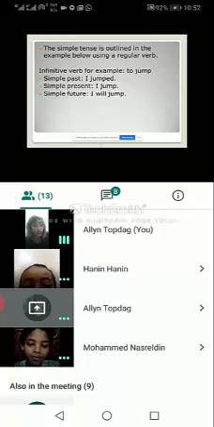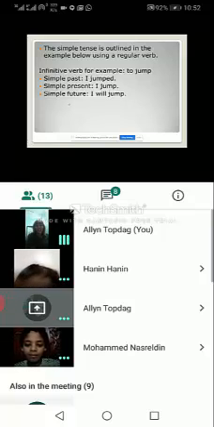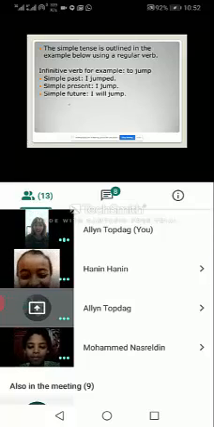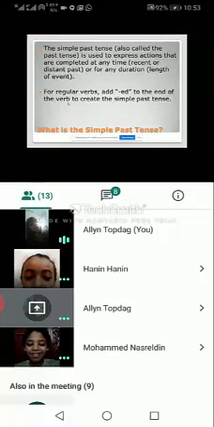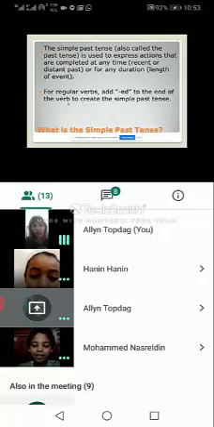The simple past tense, also called the past tense, is used to express actions that are completed at any time, recent or distant past, or for any duration, length of events. Very good. Good job, Mayad.